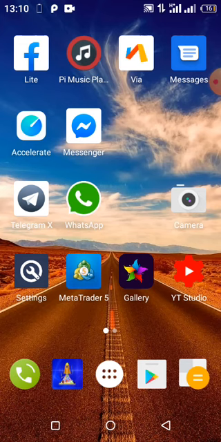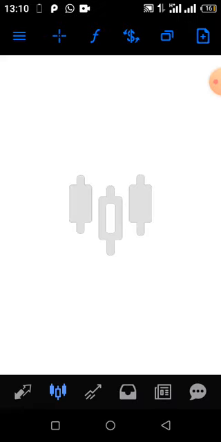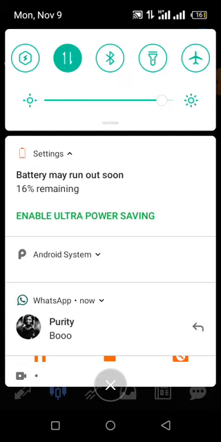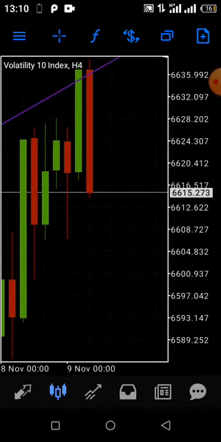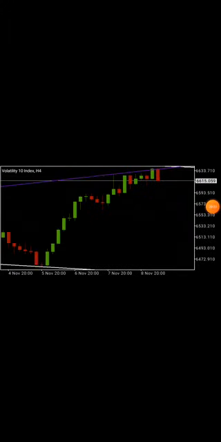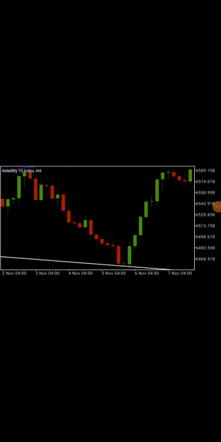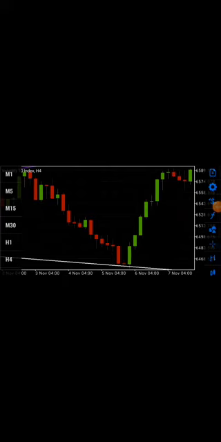Let us now confirm that what I was talking about is really true. Like we said, the body is very close. Look at this small one.